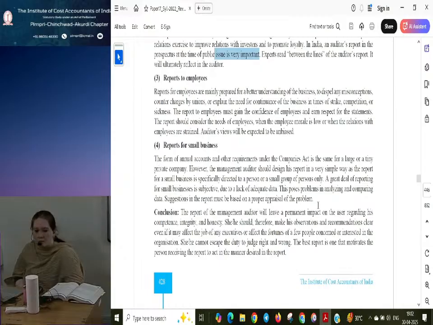It should be given to a small group of persons, and see to it that the reporting is not very subjective due to inadequate data. All these things need to be kept in mind while preparing reports for small businesses. So depending upon the audience for the management audit report, the report shall be prepared accordingly.